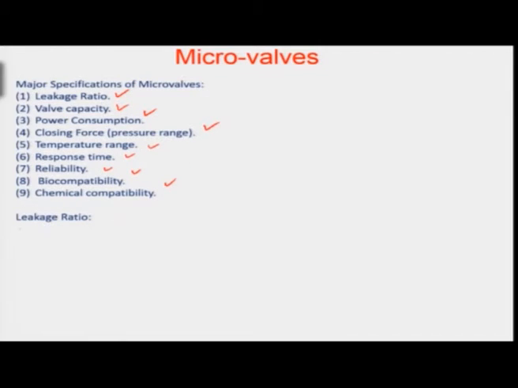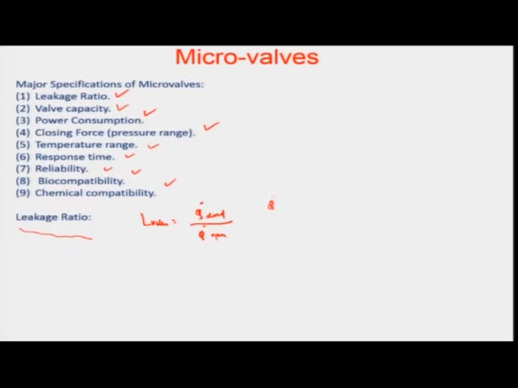So the leakage ratio here, for example, L valve, can be given as a ratio between the rate of flow when the valve is in its closed position per unit the rate of flow when the valve is in the open position.